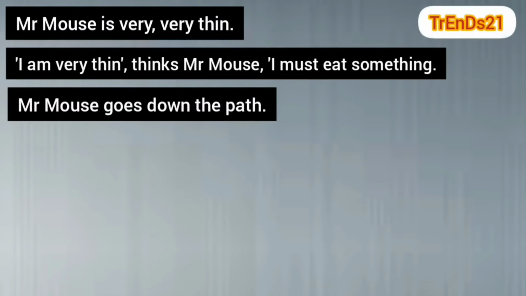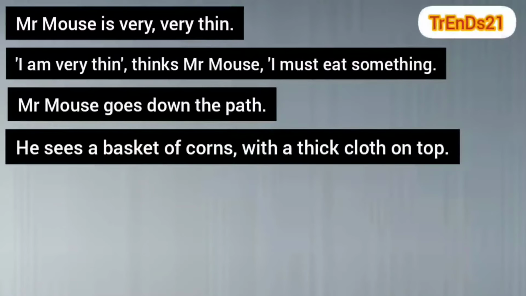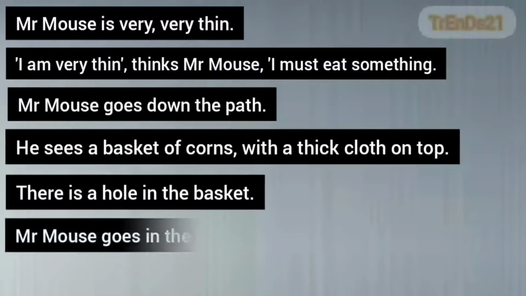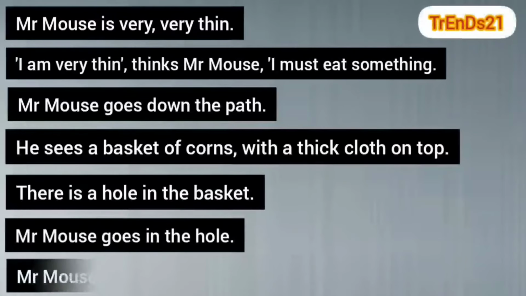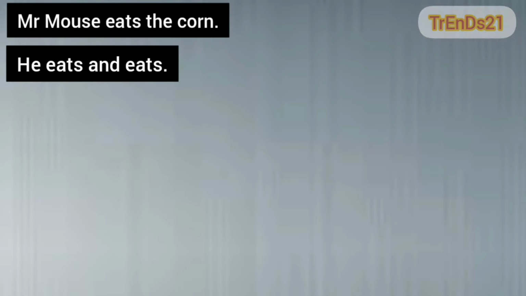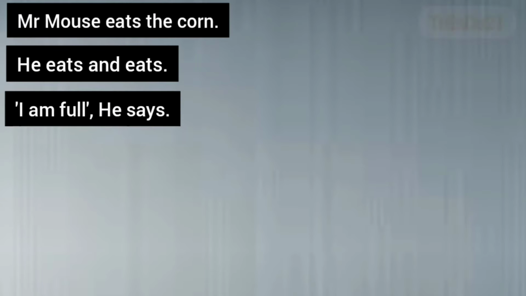Mr. Mouse goes down the path. He sees a basket of corn with a thick cloth on top. There is a hole in the basket. Mr. Mouse goes in the hole. Mr. Mouse is very thin. Mr. Mouse eats the corn. He eats and eats. I am full, he says.